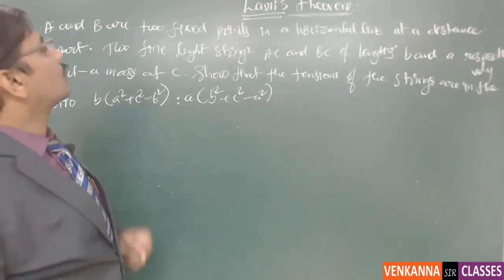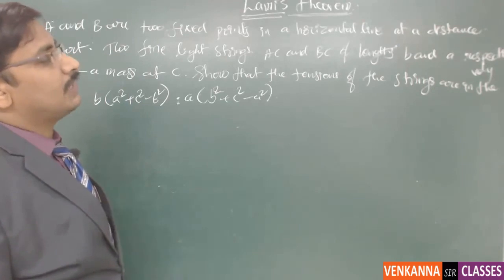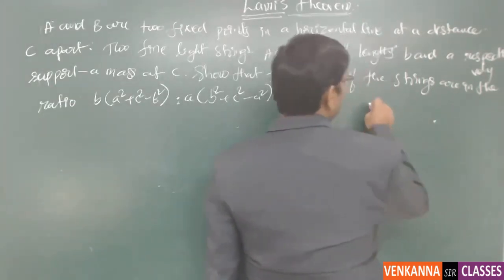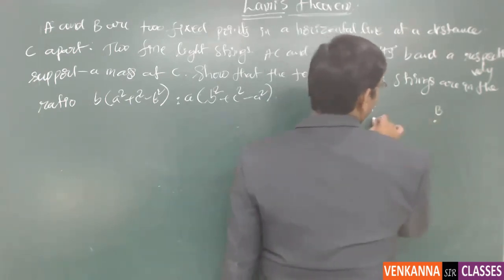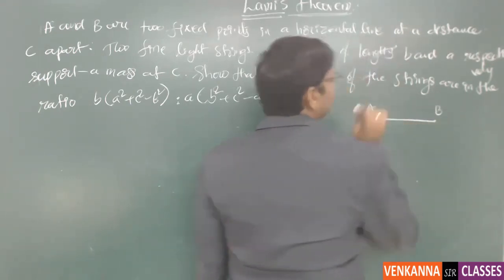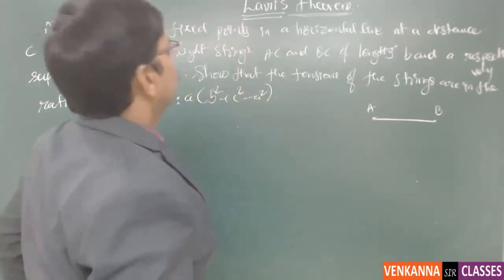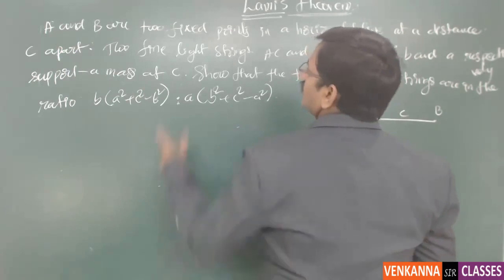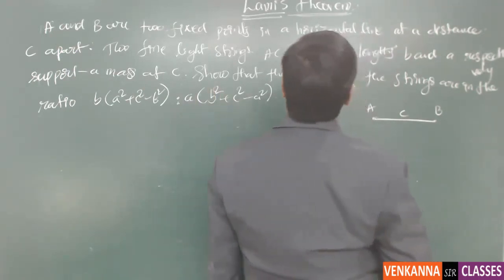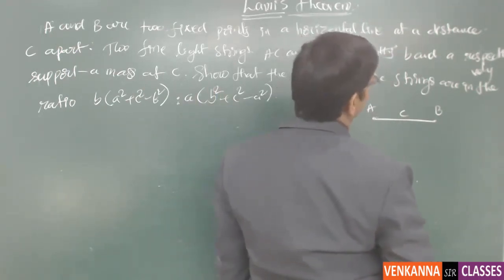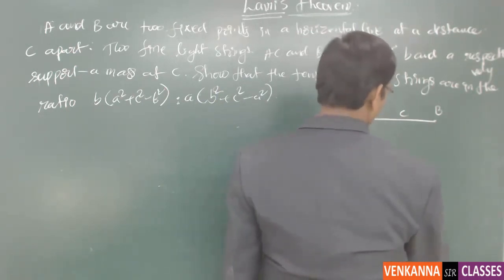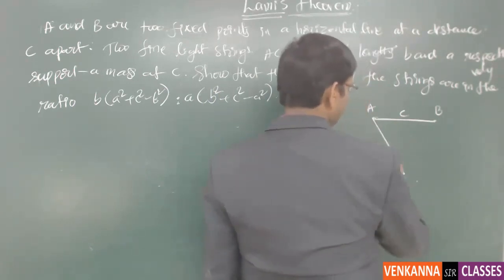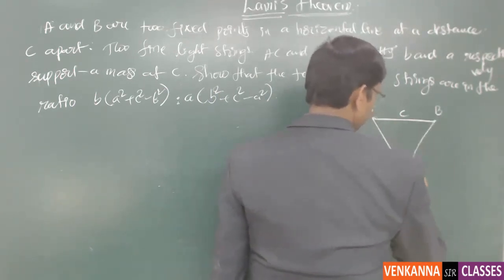A and B are two fixed points in a horizontal line. Let us say this is point A and this is point B, at a distance c apart. So this distance is c. Two fine light strings AC and BC of lengths b and a. This is c, this is b and this is a.